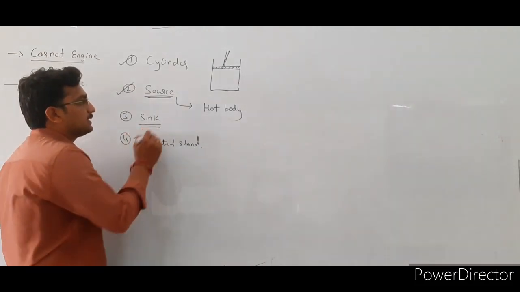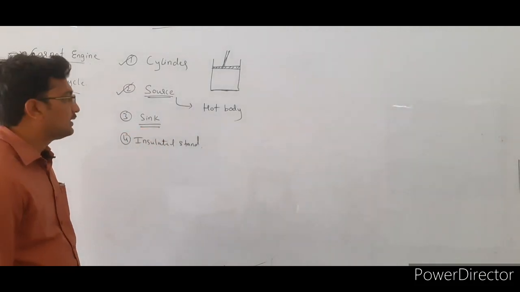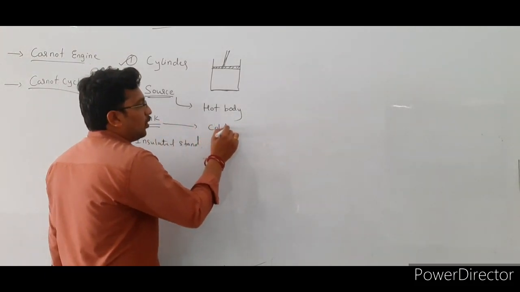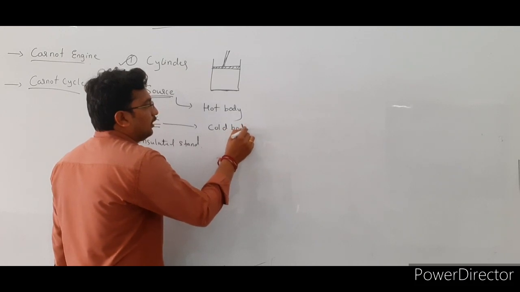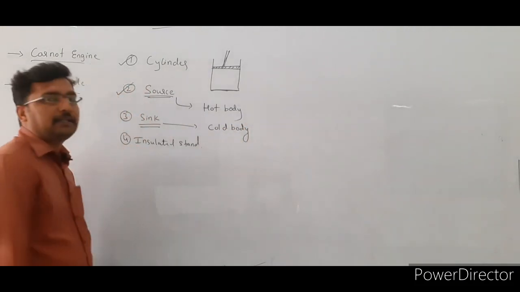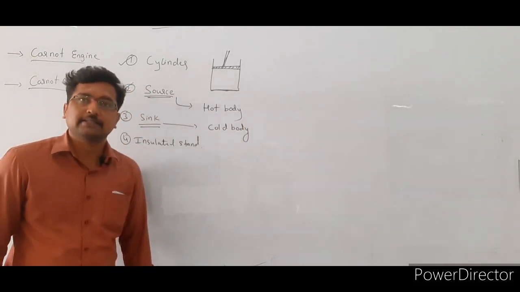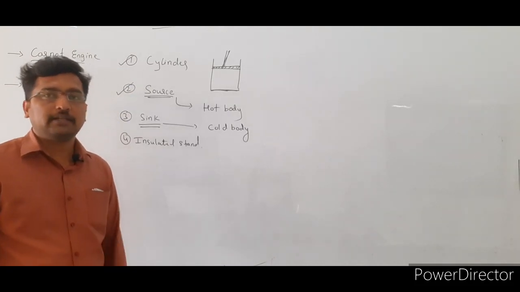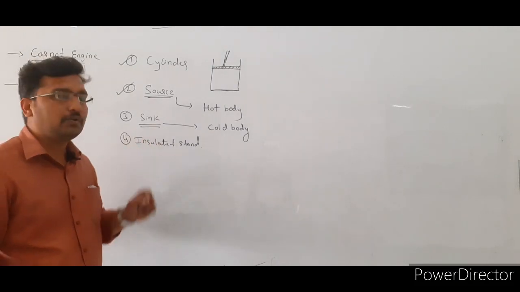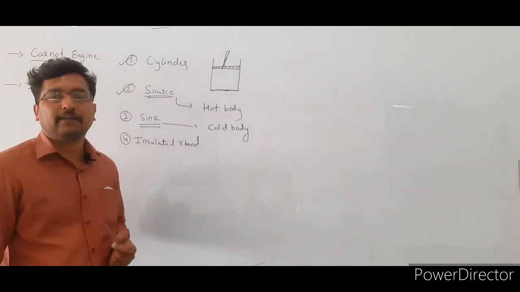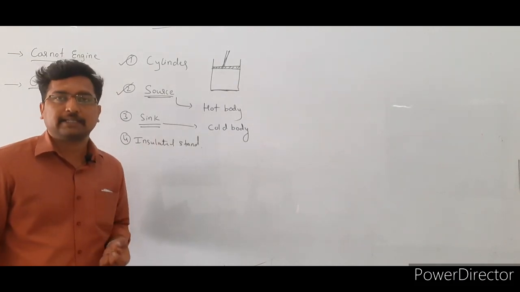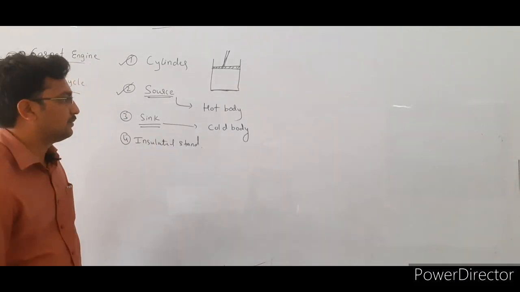The next one is the sink. The sink is a cold body that maintains a very low constant temperature, and it absorbs the rejected heat from the working substance.